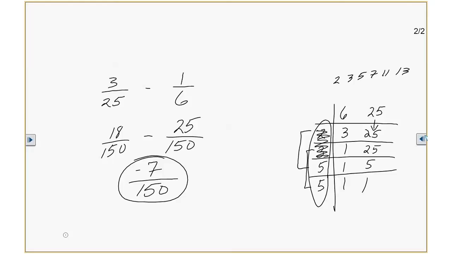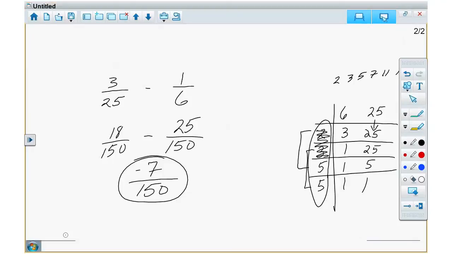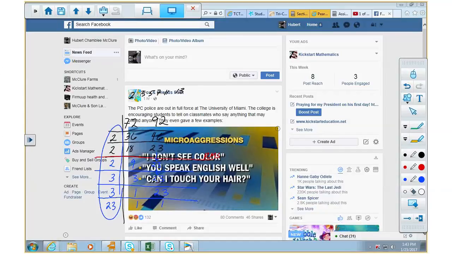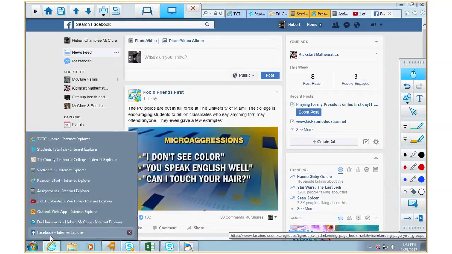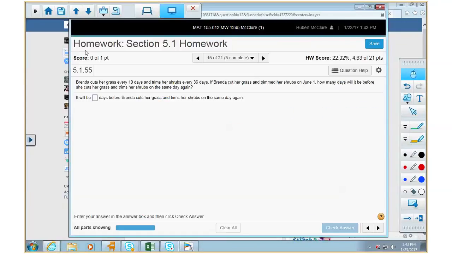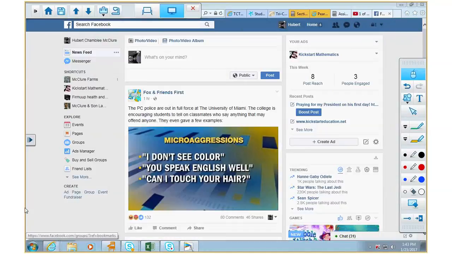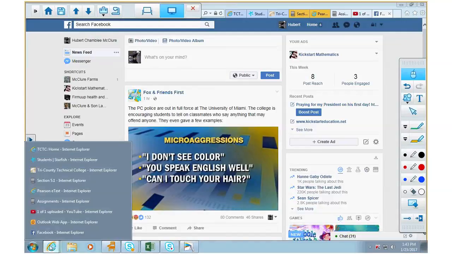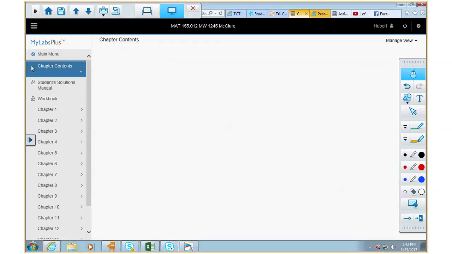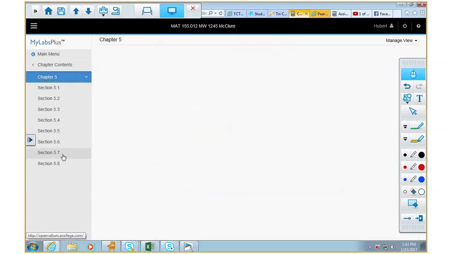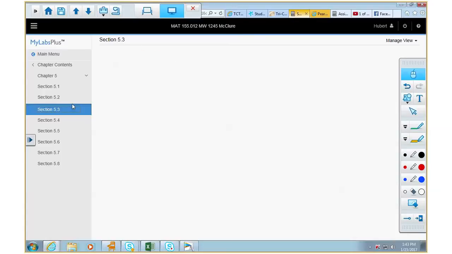All right, let's try nerd. See if I can find 5.1 and 5.3 homework. So that way it'll discourage you. Hopefully make you not do homework. Let's see, do homework. I don't want that. 5.1, check contents, 3, and study plan.